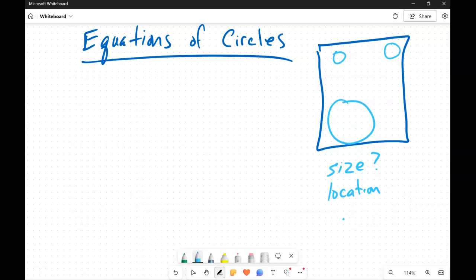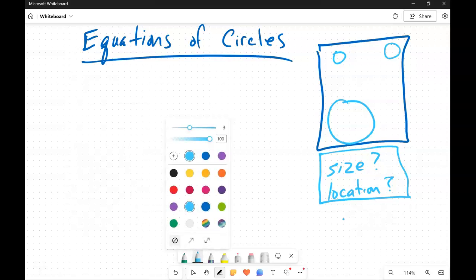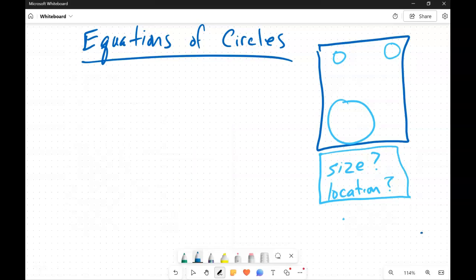So when we're talking about circles, these are our two principal components when we're talking about the equation of a circle. We need an equation that will tell us the size of the circle and also its location. And our equation tells us exactly that.